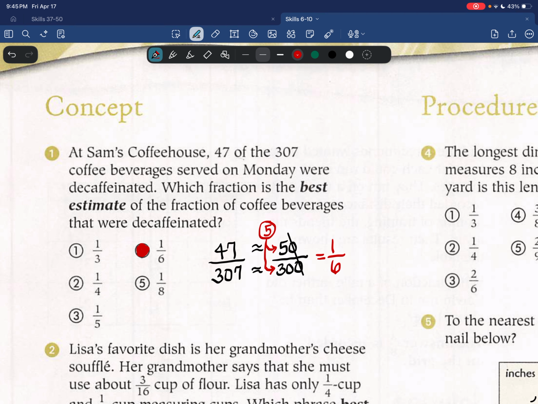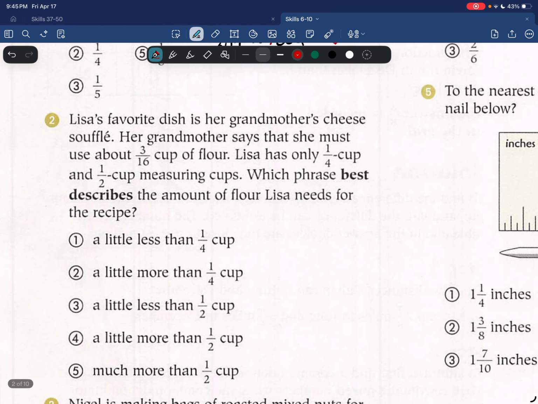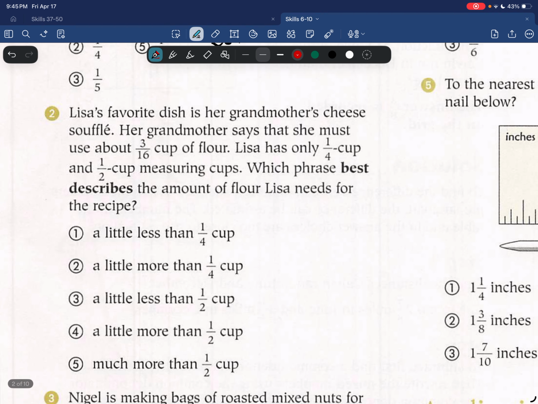Okay, let's look at number 2. Lisa's favorite dish is her grandmother's cheese souffle. Her grandmother says that she must use about 3/16 cup of flour. Lisa has only 1/4 cup and 1/2 cup measuring cups.